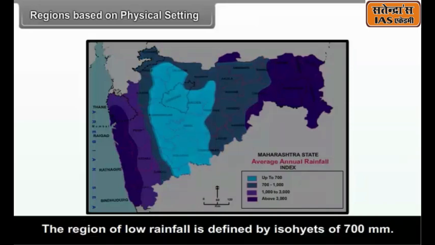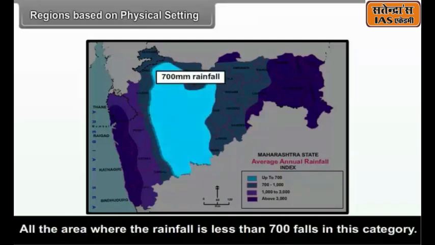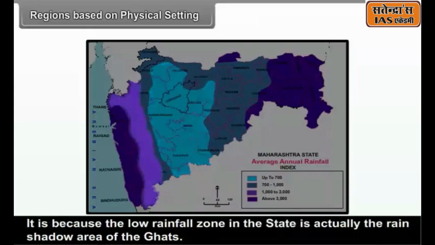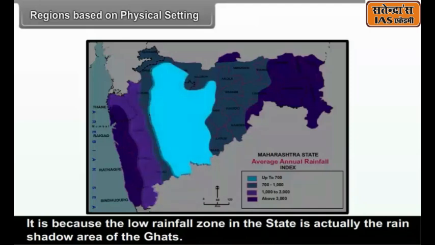The region of low rainfall is defined by isohyet of 700 mm. All the area where the rainfall is less than 700 mm falls in this category. If you observe closely, you will find the region of low rainfall is roughly parallel to the Ghats and extends in north-south direction. It is because the low rainfall zone in the state is actually the rainfall shadow area of the Ghats.